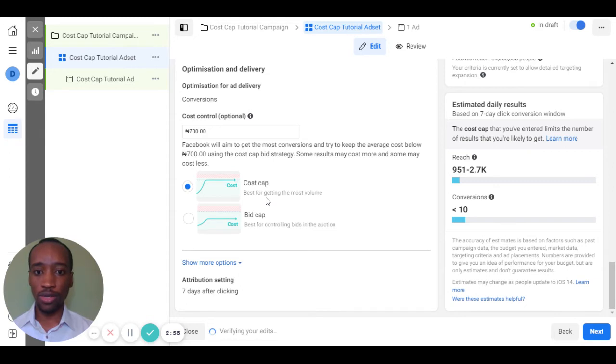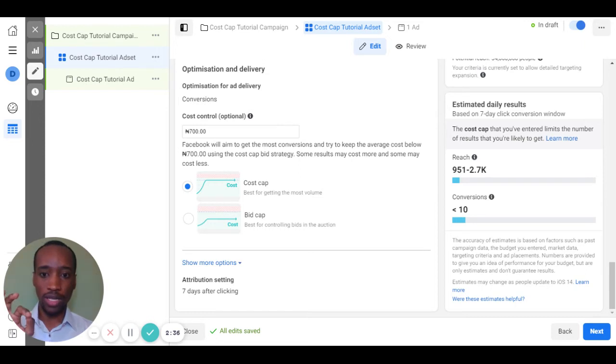This one is telling you that it's best for getting the most volume while maintaining a cost. Maybe you have a target cost. Maybe you already know an amount of money that you're willing to spend to get the results that you want. So the cost cap is the way to go in that instance.